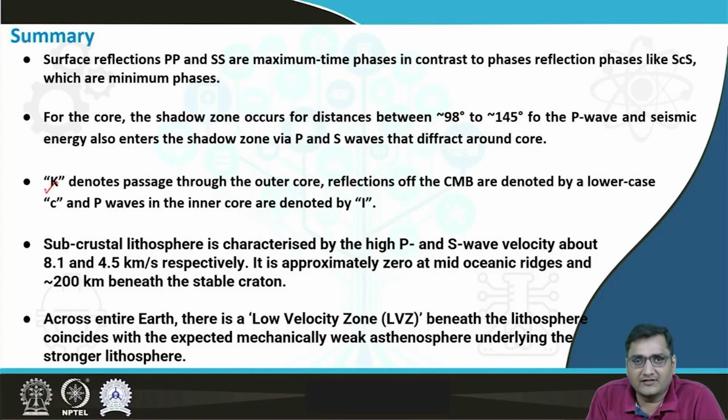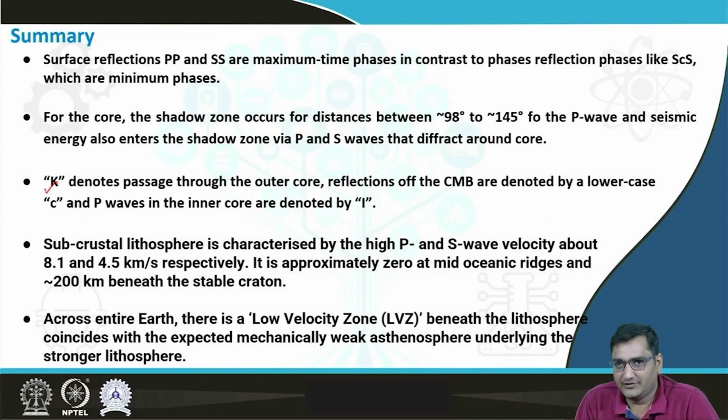As far as today's lecture summary is concerned, the subcrustal lithosphere is characterized by high P and S wave velocities, about 8.1 and 4.5 kilometers per second respectively. It is approximately 0 in depth at mid-oceanic ridges and around 200 kilometers beneath the stable cratons.